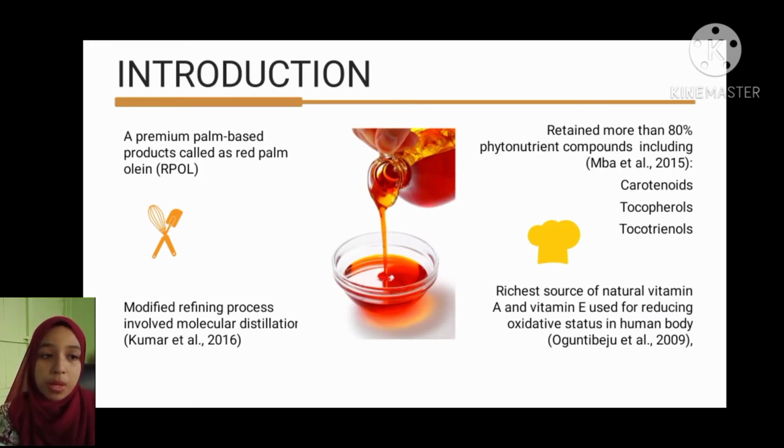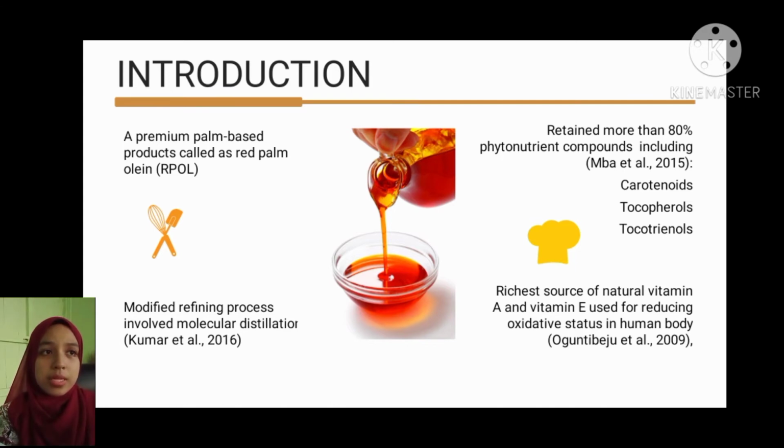The second part is red palm olein, which is known as a premium palm-based product. This red palm olein, short form RPOL, was obtained from a modification of the refining process involving a molecular distillation process.